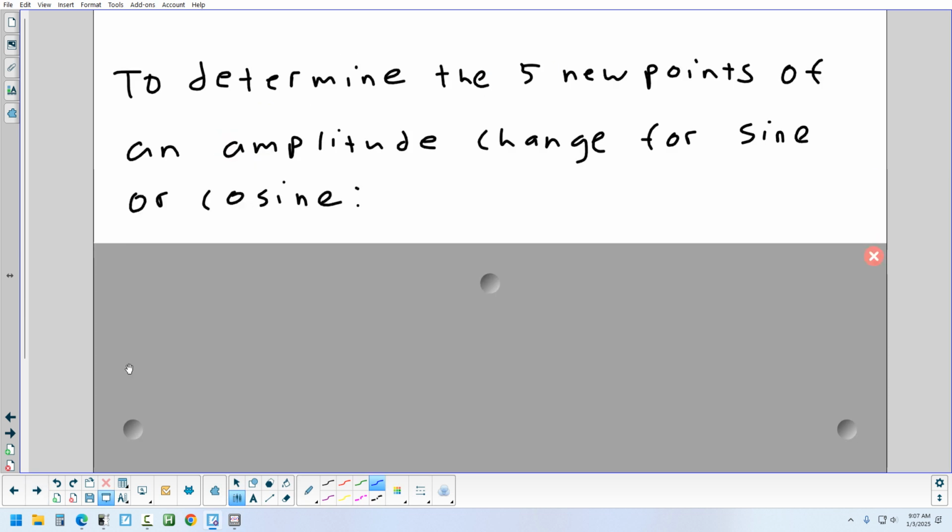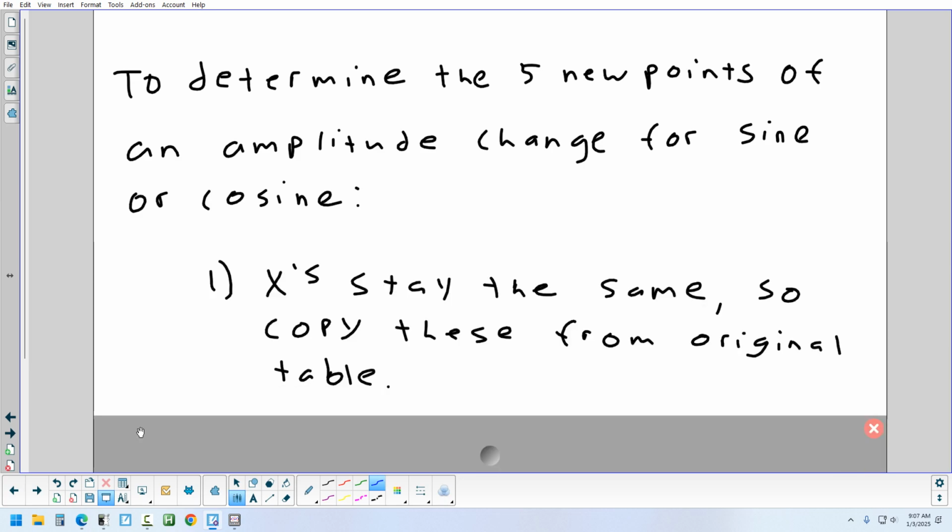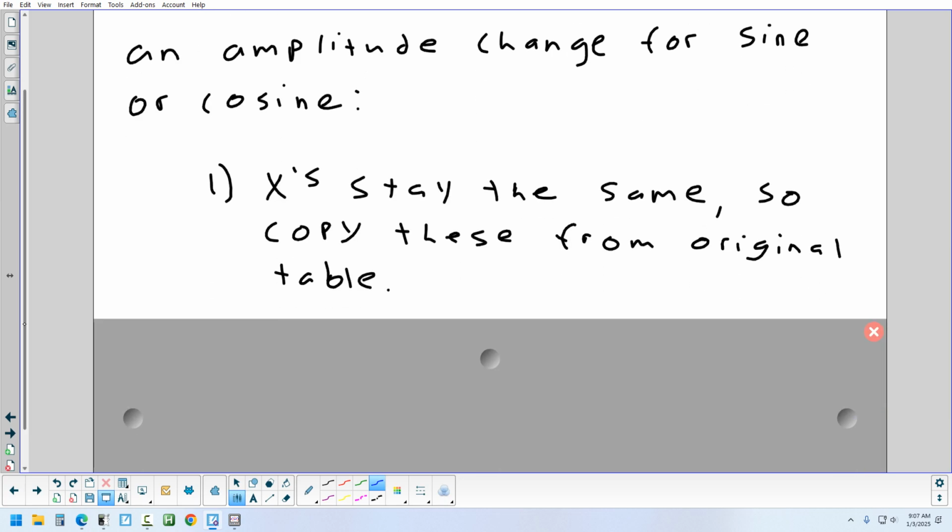All right, so the first thing we have to do is figure out what is going to stay the same and what's going to change in our table. If we are stretching and compressing vertically, which values are not affected? Yeah, right, the x's. Whenever the x's aren't affected, that's great because the x's are the more complicated ones to work with. Those are all the fractions with pi.